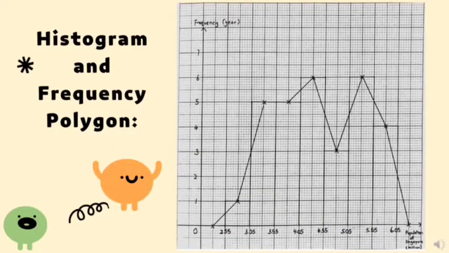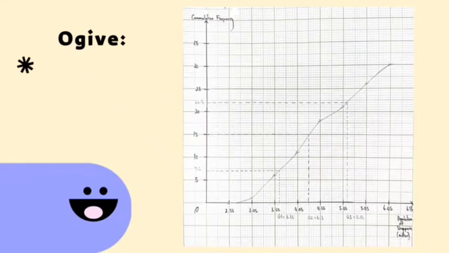This is the histogram and frequency polygon. The frequency polygon is plotted by using the midpoint, and the histogram is plotted by using the lower boundary and the frequency. And this is the ogive of the graph.